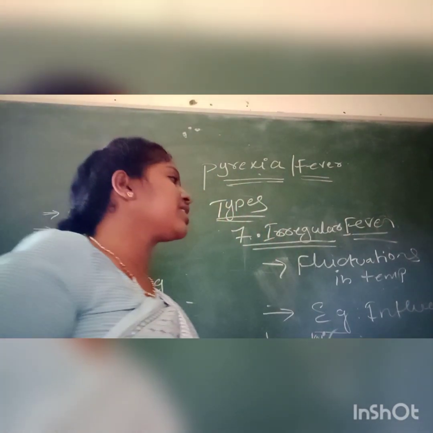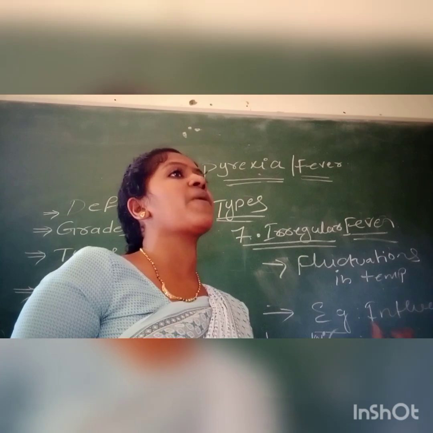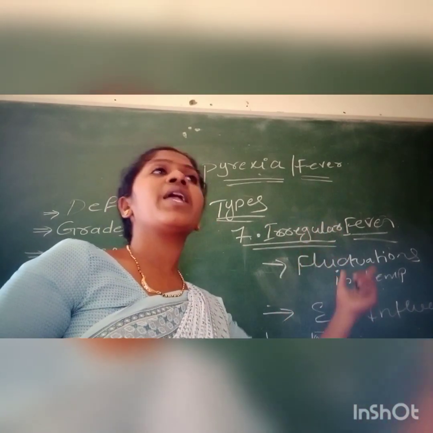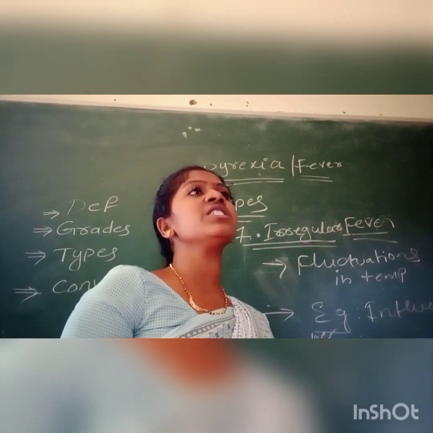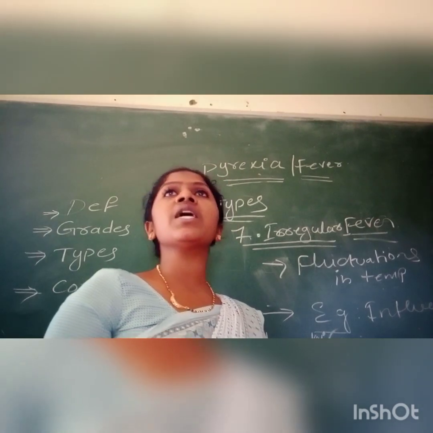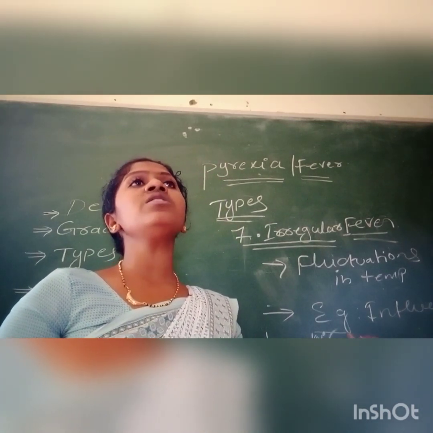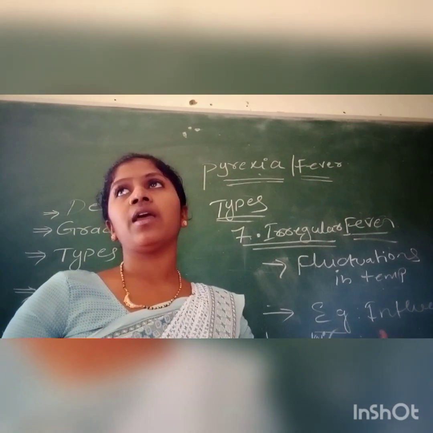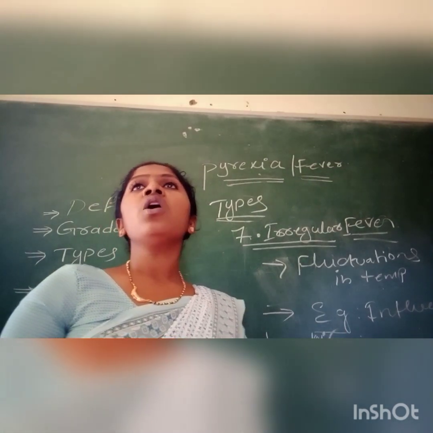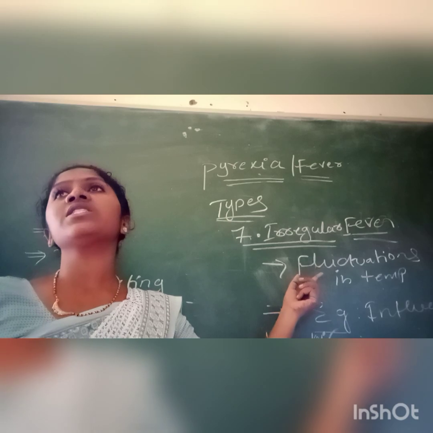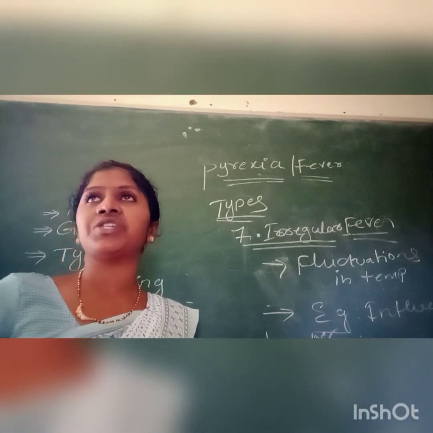Like that, many fluctuations take place in irregular fever. An example of this irregular fever is influenza. What do you mean by influenza? It is a cold type respiratory tract infection. So this irregular fever we can see in influenza infection.